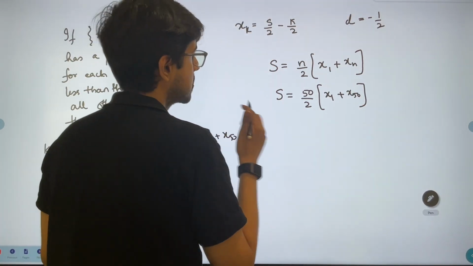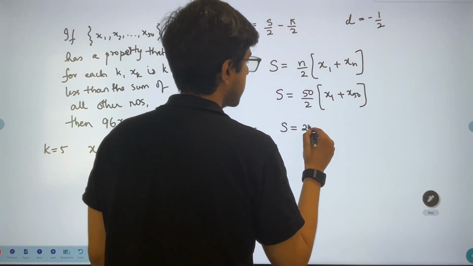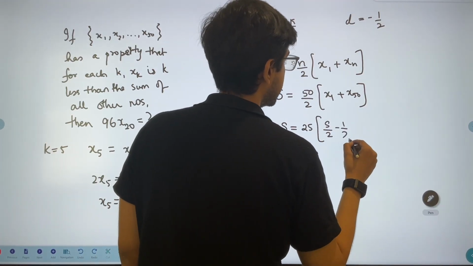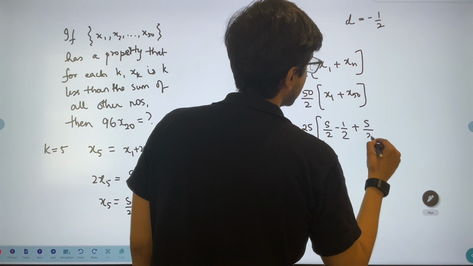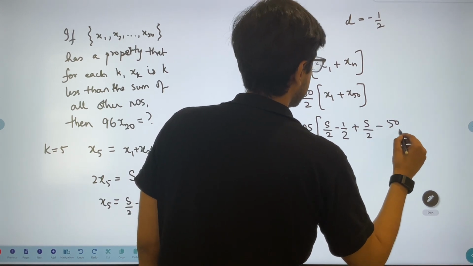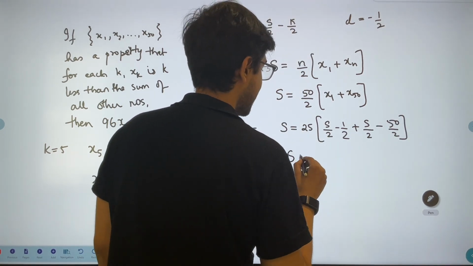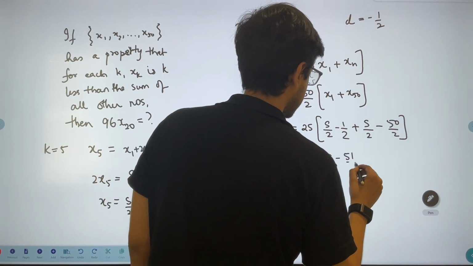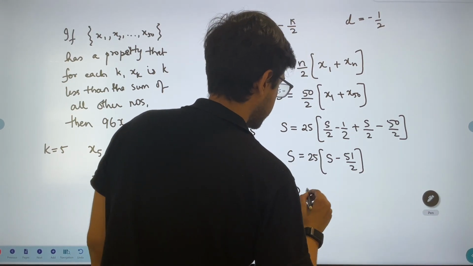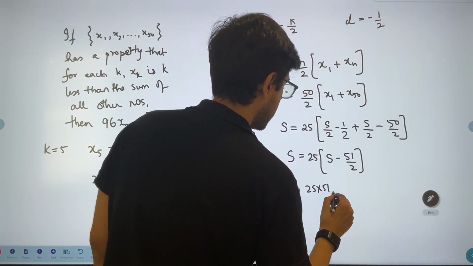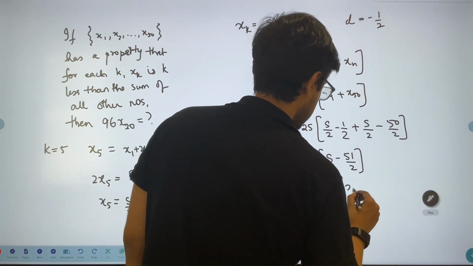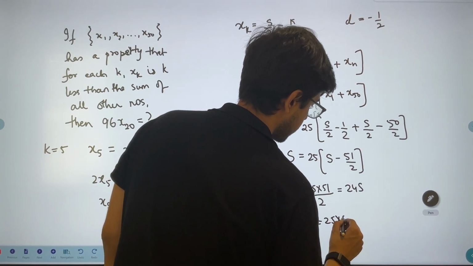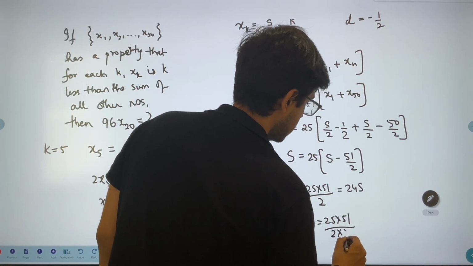And using this, what I will get is S is equal to 25 into S by 2 minus 1 by 2 plus S by 2 minus 50 by 2. So this is going to be S is equal to 25 into S minus 51 by 2. So this will give you 25 into 51 by 2 is equal to 24S, or S is equal to 25 into 51 by 2 into 24.